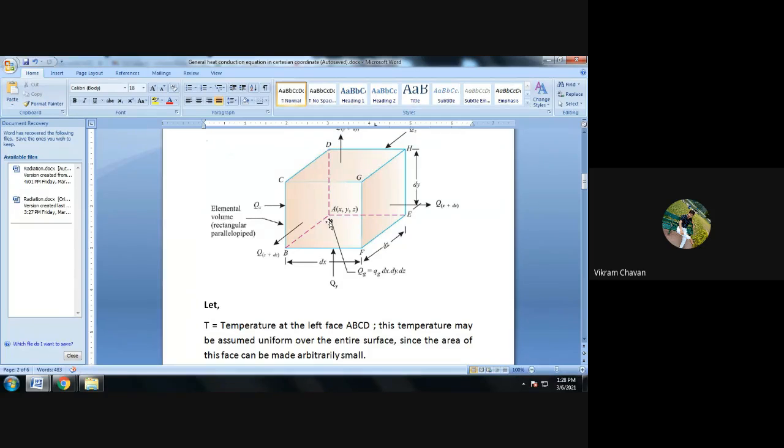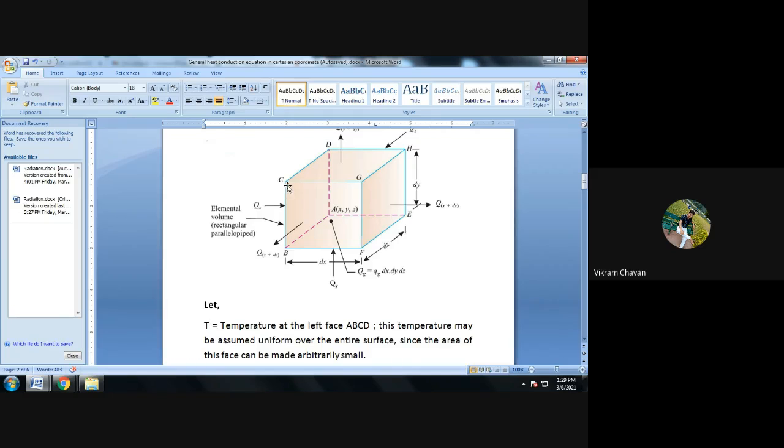We have considered an infinitesimally small volume element, so the area of this face is also very small, and we consider the temperature uniform. Uniform means that every location of this face has temperature T only.